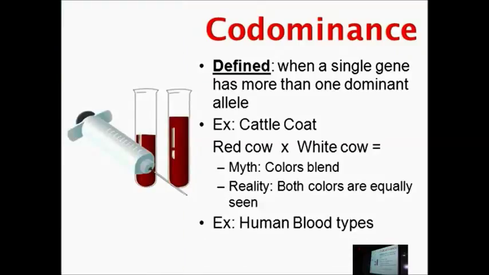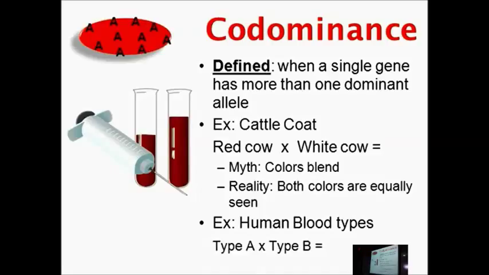A good example of codominance in humans is blood types. You might have heard of different types of blood, like blood type A, blood type B. Here's a red blood cell, and blood type A has these proteins on it. Now, the proteins are not actually shaped like English letter A's. I'm being a little simplistic here, but blood type A has some proteins on the surface, and blood type B has some different kinds of proteins on the surface.